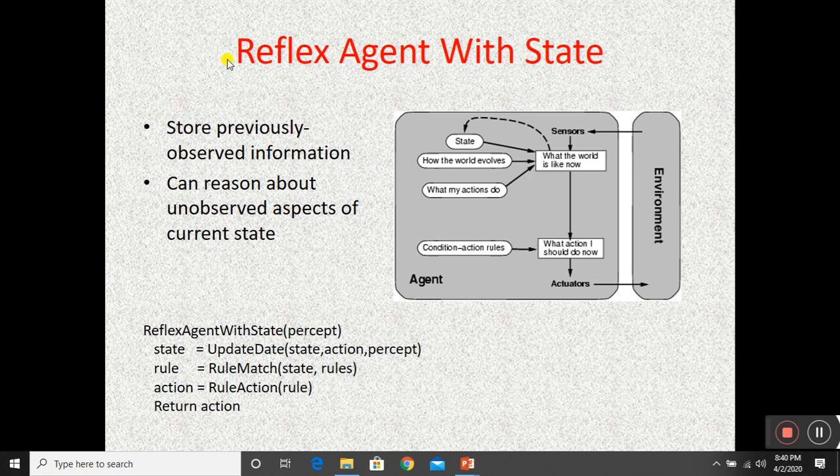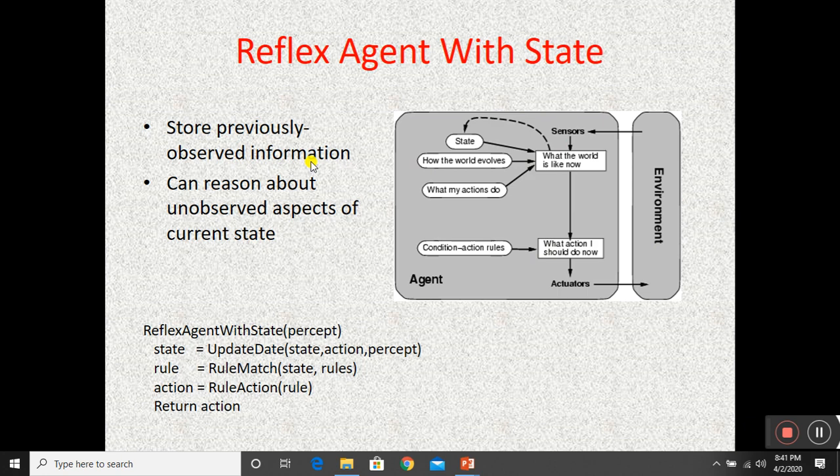Here is another agent, that is the reflex agent with state. So as you can see in the picture, this is a little bit more complex sensor agent. So what does it do? It stores previously observed information.